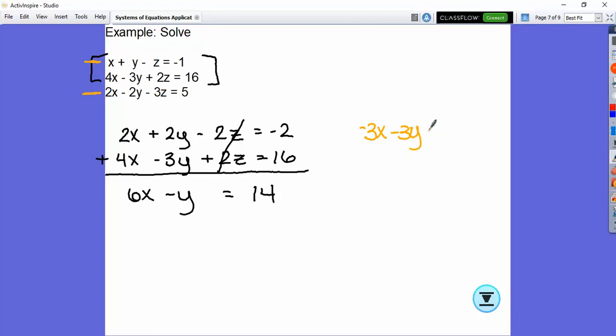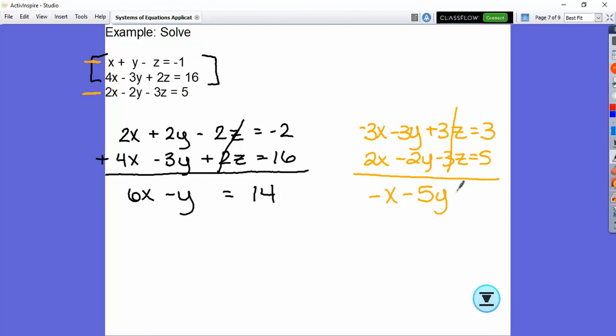So that gives me -3x minus 3y plus 3z equals 3. And we didn't change the bottom equation. So when I put these together, I get -x minus 5y equals 8.